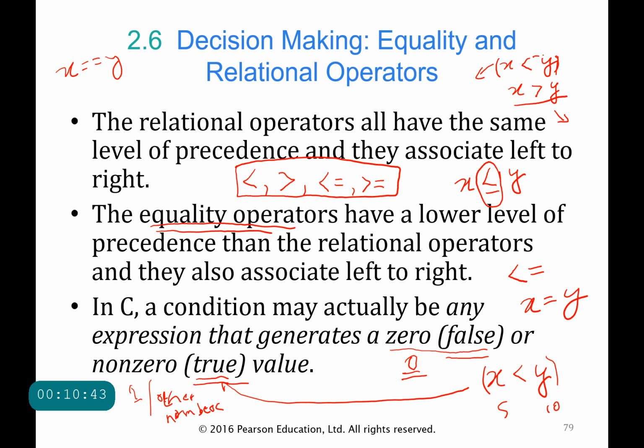So we're using that to assign the value of y to x. That's a different operation. And so that's why we need to differentiate between the assignment operator, which is represented by a single equal to, and the equality operator, which is represented by two equal to's.